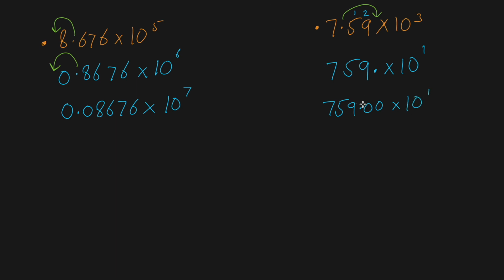Now let's say I'm going to the right side again. So here I have shifted the decimal point 1 digit to the right, and then we will have the answer 759.0. So again, 1 digit shifted to the right, minus 1, 1 minus 1 equal to 10 power 0.